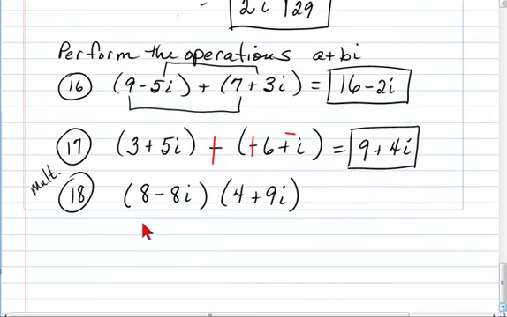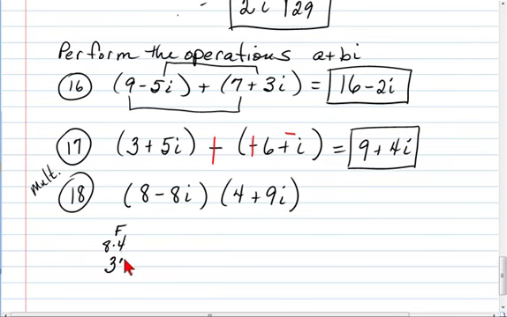So I have the product of the first, and I'll go ahead and write that out. It's going to be 8 times 4, which is 32. Outer product, the outer product is 8 times 9i, which gives me positive 72i. Inner product is -8i times 4, which is -32i.